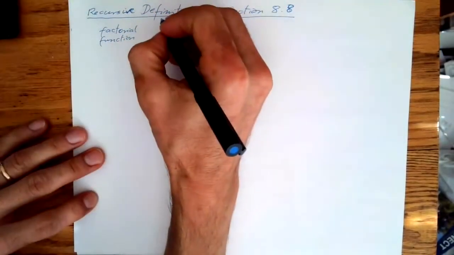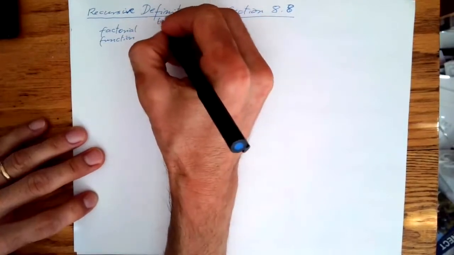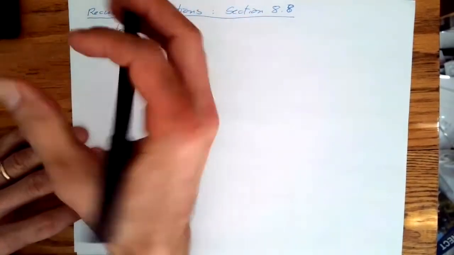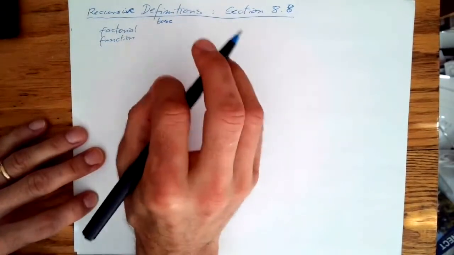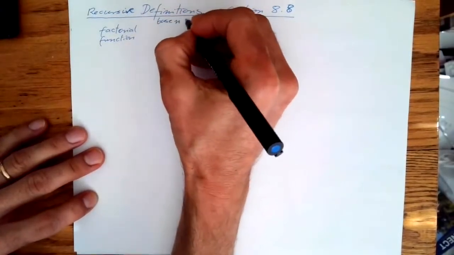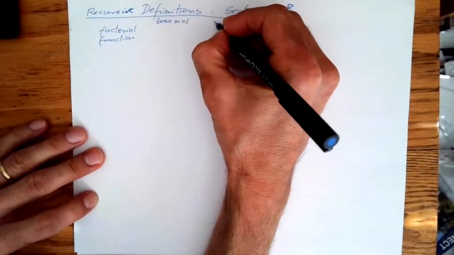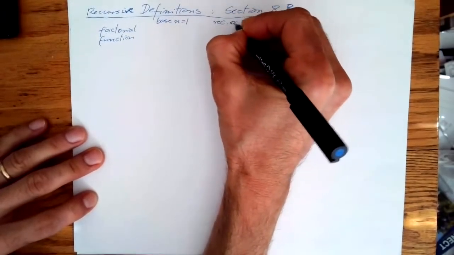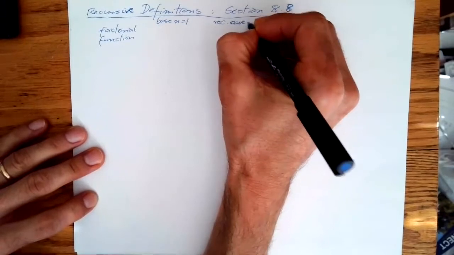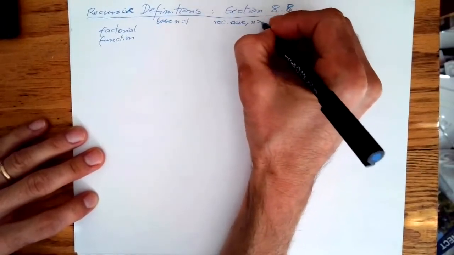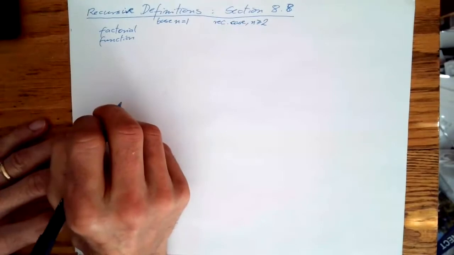For convenience, I will talk about objects which are defined inductively. There is some natural induction variable. So the base case will be for n equal 1, and then a recursive case will define all the values after 1.